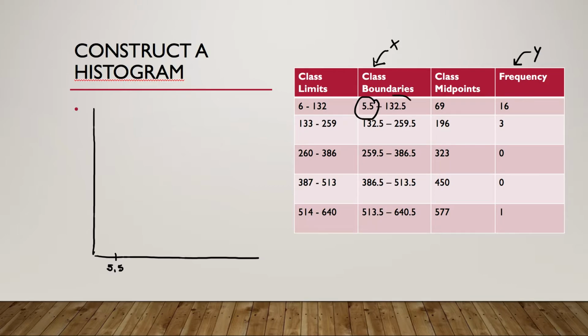Then the next boundary is going to be 132.5. The next boundary is also 132.5, and remember that we said we don't want to repeat any of the values. So I'm going to move on, and the next boundary will be 259.5.